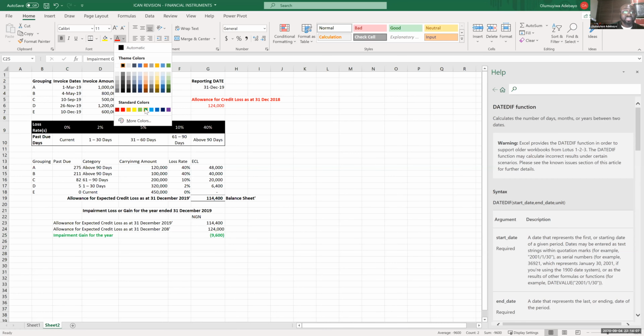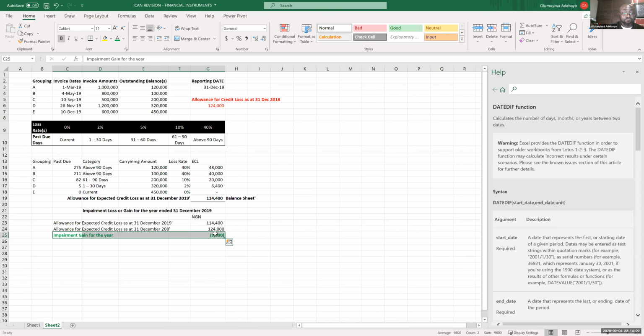I'll put it in green because it's a gain for the year. And what entry will I pass?